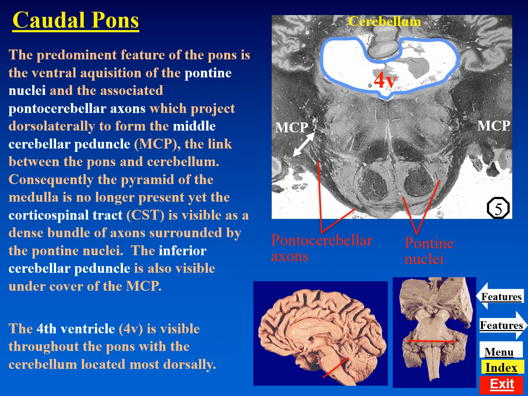The corticospinal tract at this level is no longer a surface feature. It is buried in amongst the pontine nuclear gray matter. Also still present at this level is the inferior cerebellar peduncle that we saw in the medullary levels, but now it's buried deep to the middle cerebellar peduncle.